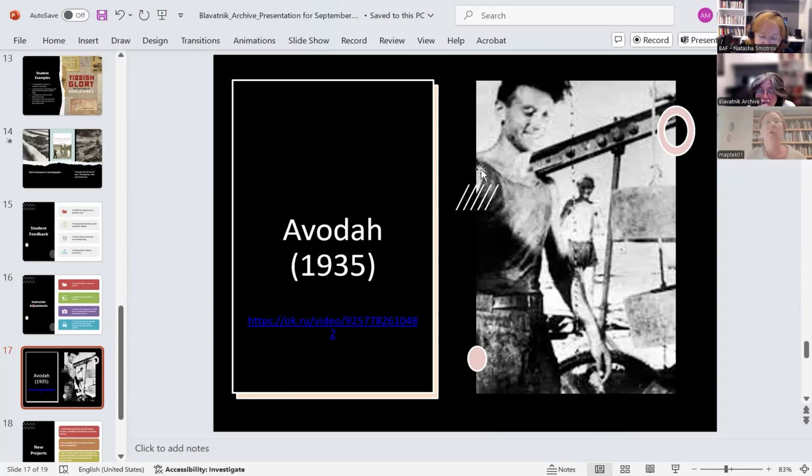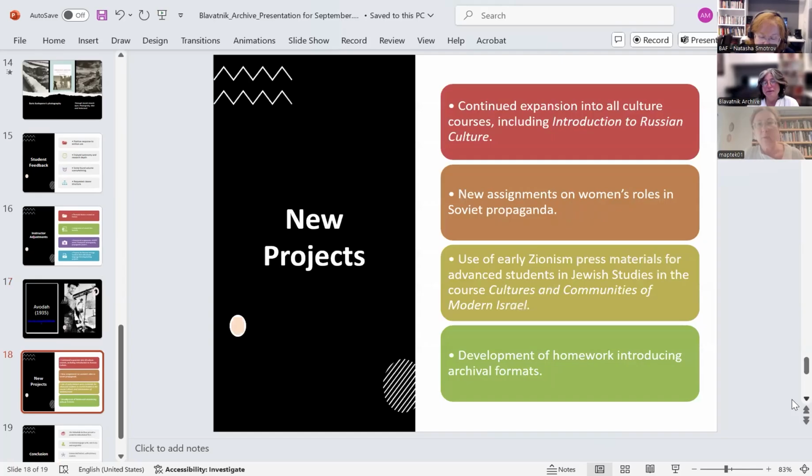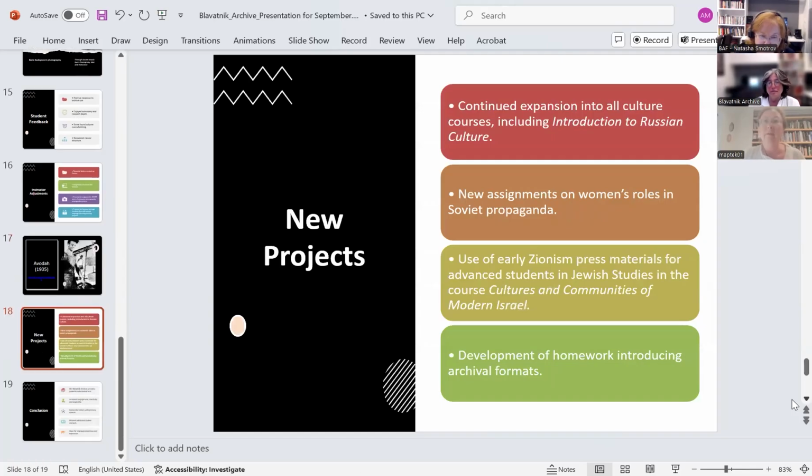We showed how parallel they actually are, and we showed students the film Avoda, which is a very early, very socialist movie created in 1935, and we compared it with Soviet socialist realism and with pictures from the Blavatnik Archive. That was really stimulating, and the students really liked it.